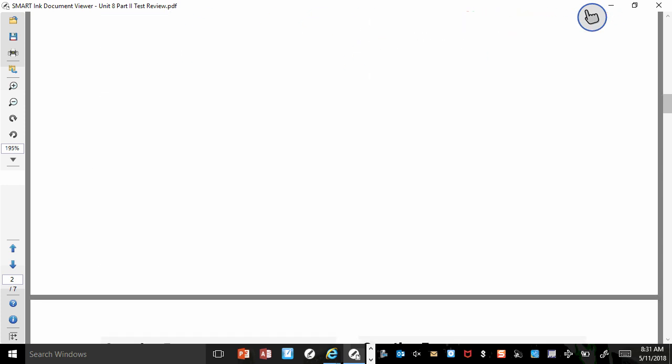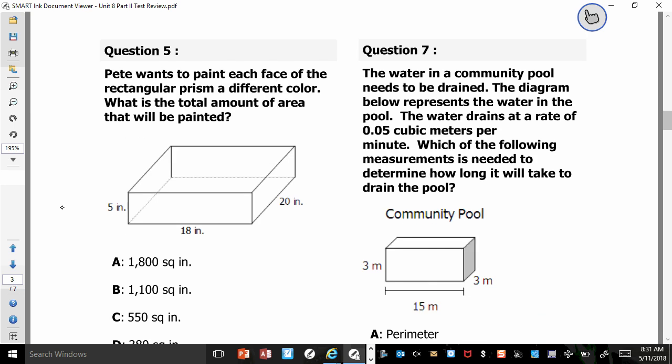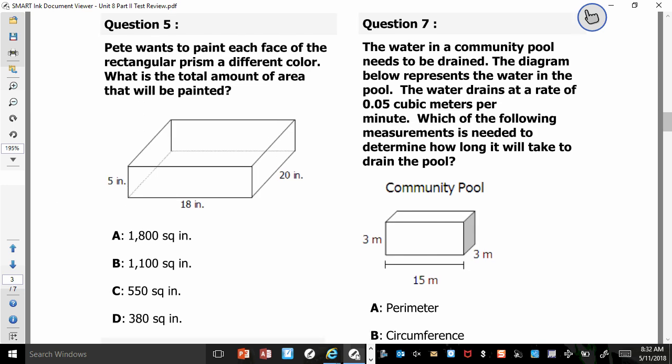All right, let's see. Number 5. Pete wants to paint each face of the rectangular prism. So we've got the shape, and we're going to paint each face. So what is that? Surface area. I don't think you need perimeter for this one, but we're going to need surface area. So in our formula, I think it's what? 2LW plus 2LH plus 2WH.